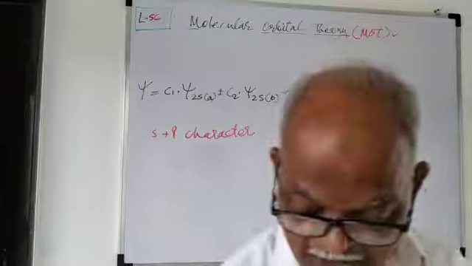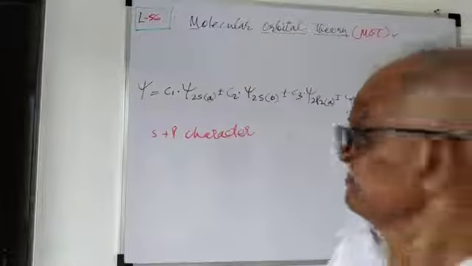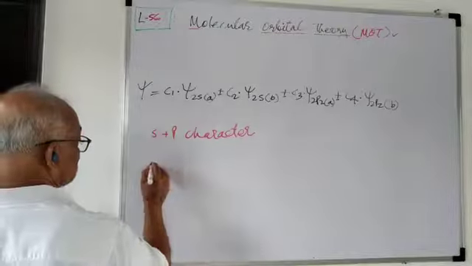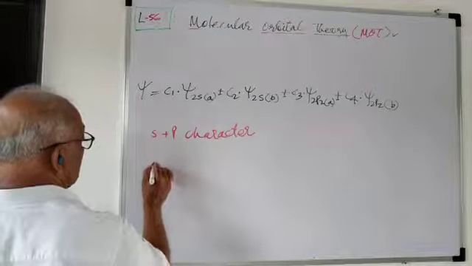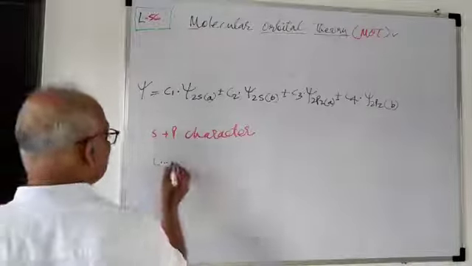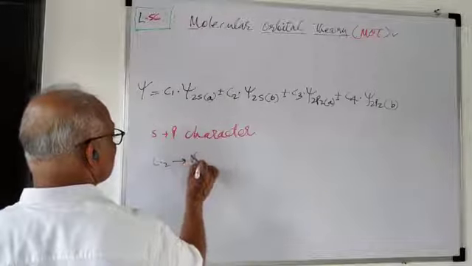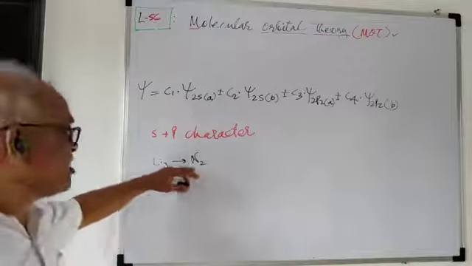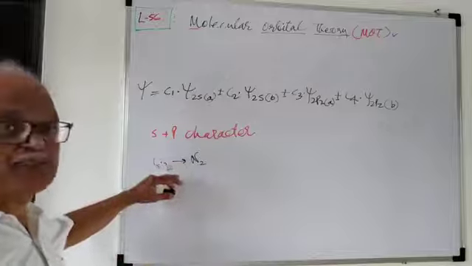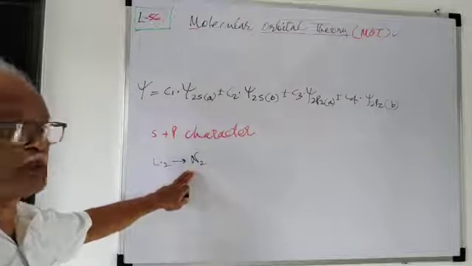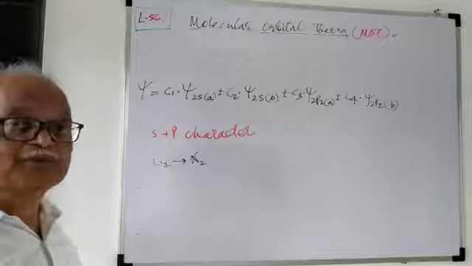Now it is important to note that this type of orbital mixing is observed for elements or their compounds, the homonuclear diatomic molecules from lithium to nitrogen.